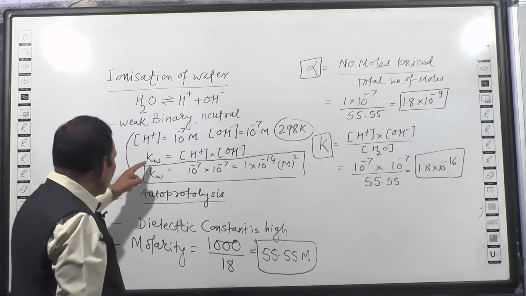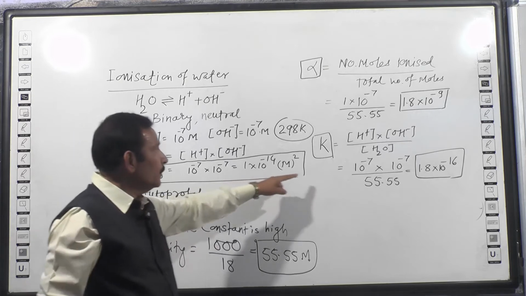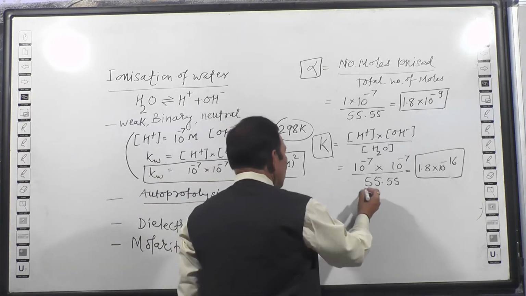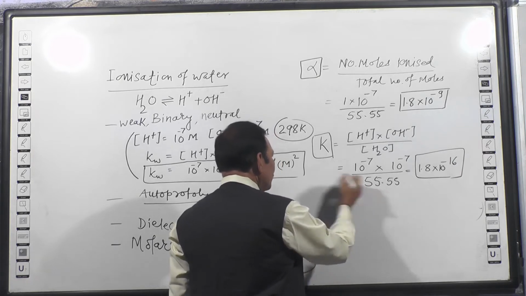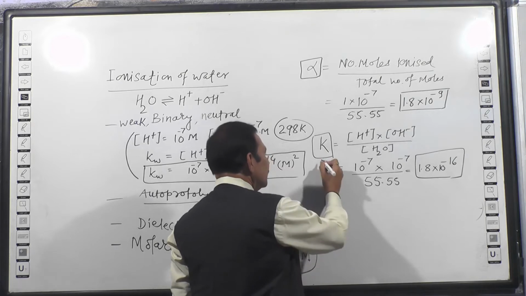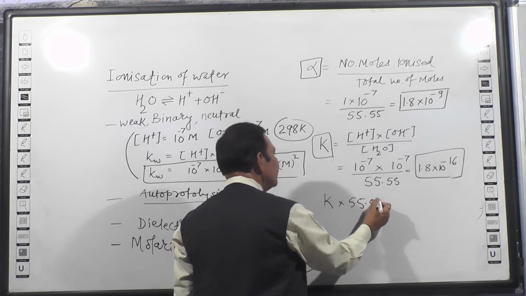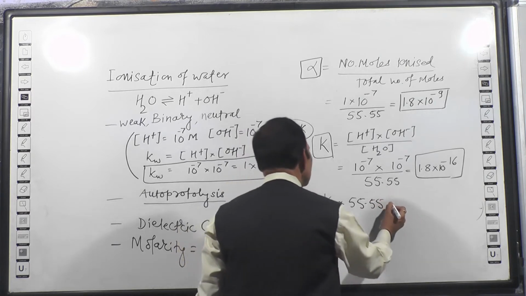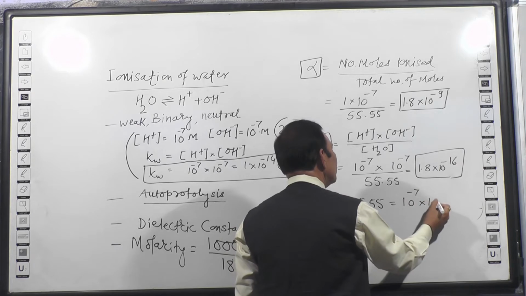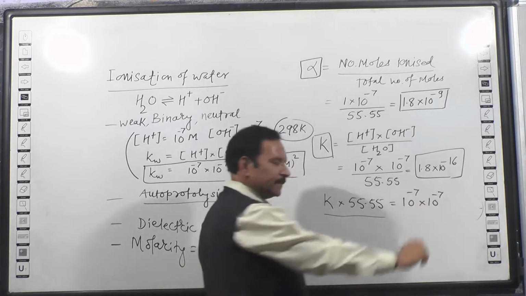Now, why are we calling that Kw is 10 to the power minus 14? What is that Kw? Here the point becomes more clear. This 55.55 taken to the left hand side: K is the ionization constant into 55.55, which is a real number, it is also constant. This is equal to 10 to the power minus 7 into 10 to the power minus 7, product of two constants.